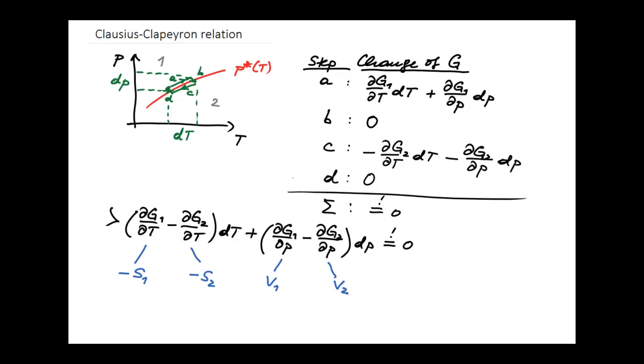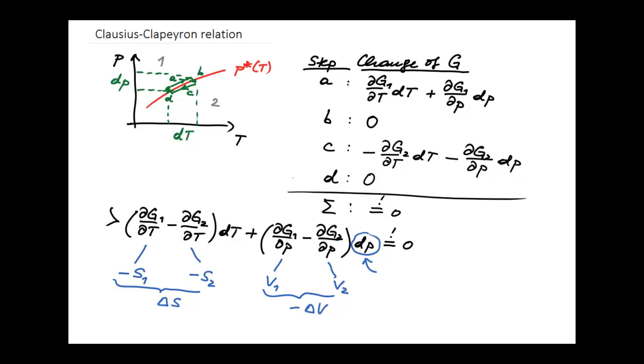Now we take the difference here. So minus S1 plus S2, that's S2 minus S1, that's delta S. And here we have V1 minus V2, and this is minus delta volume. Then the dP, the differential of pressure, now since we are moving along the coexistence curve, dP is related to dT.